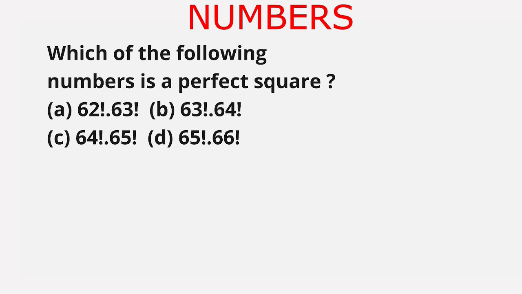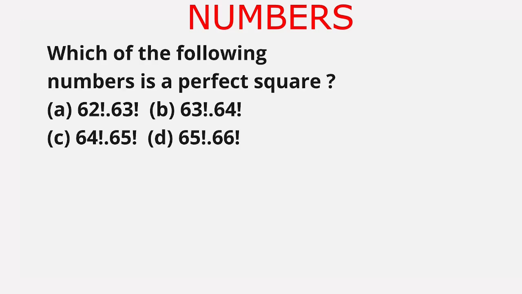Option B, the number 63 is not perfect square, but 64 is a perfect square. So one number may be out of these four, that will be number at B. And number at C is 64 factorial and 65 factorial.